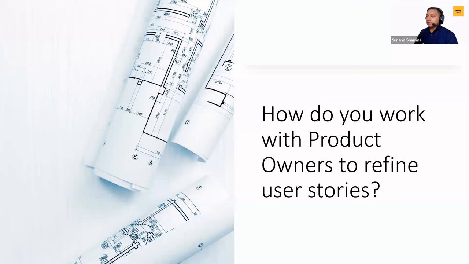So I help refine the user stories using the standard format, for example: as a user, I want, so that, benefit. Now this structure ensures clarity and focus on the user perspective. Together we define clear and measurable acceptance criteria for each user story.